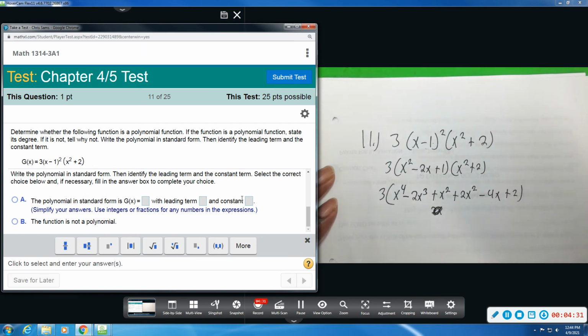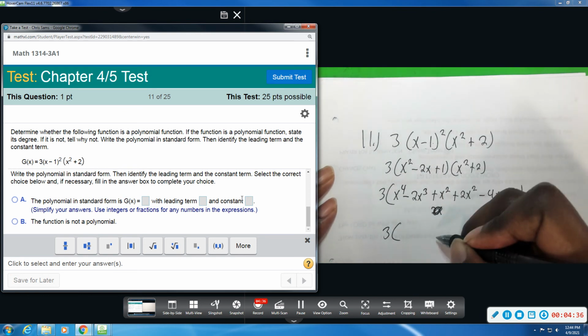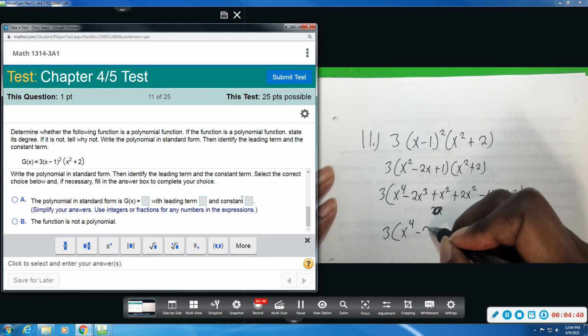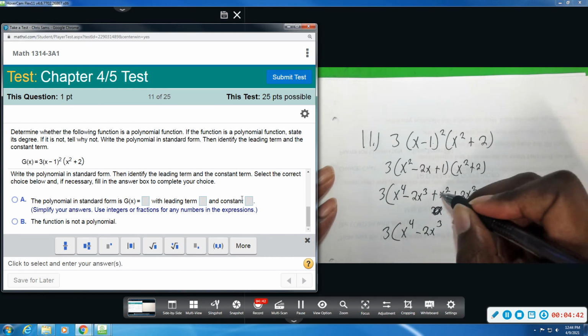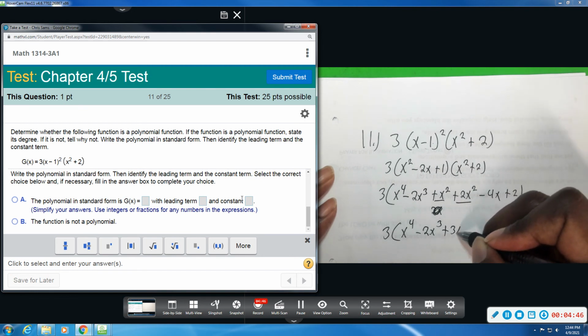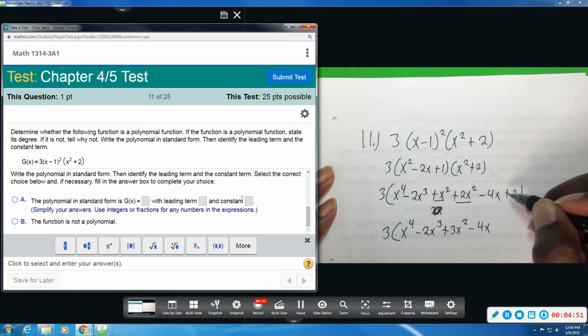So this is what we get when we simplify it. We will have 3 times the quantity x to the 4th minus 2x to the 3rd. Add these like terms together. That will give us plus 3x squared minus 4x plus 2.